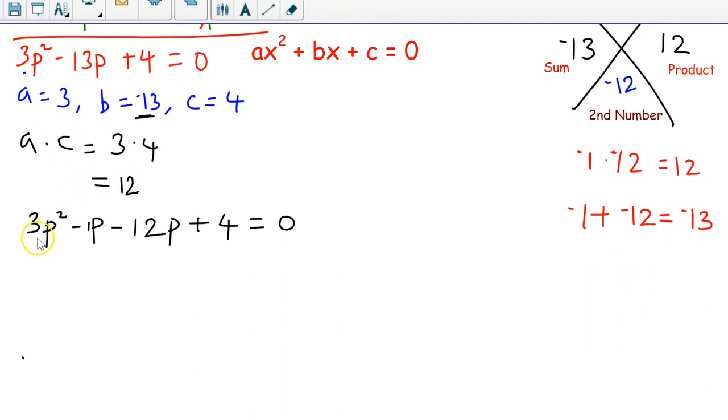Let us group the terms and then find the factors. First, the first and second terms I'll consider as one group, and the third and fourth terms as a second group.